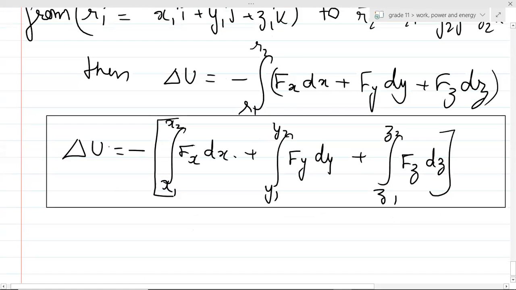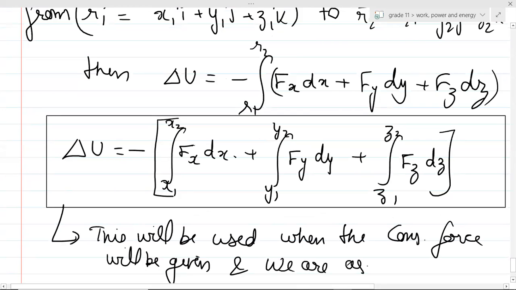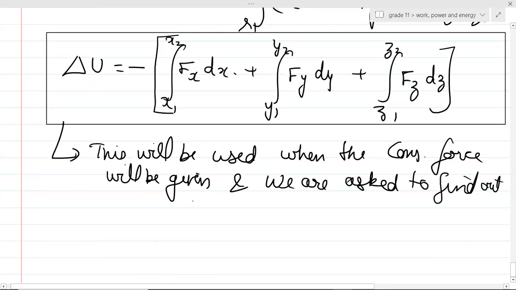This is one of the relationships. The other relationship is this. Basically, this relation will be used when the conservative force is given and we are asked to find the potential energy or the work.